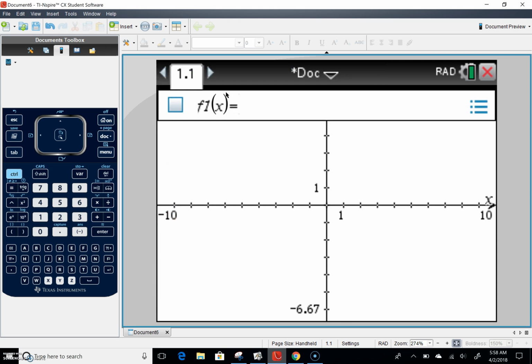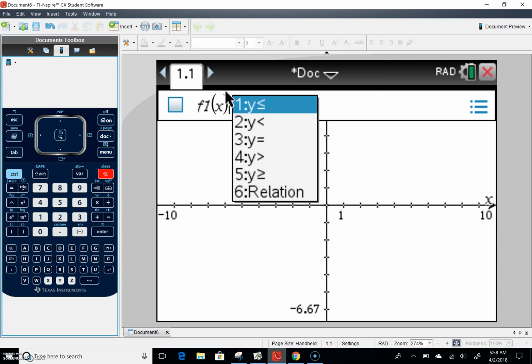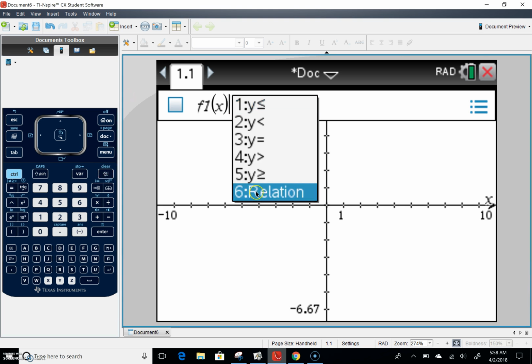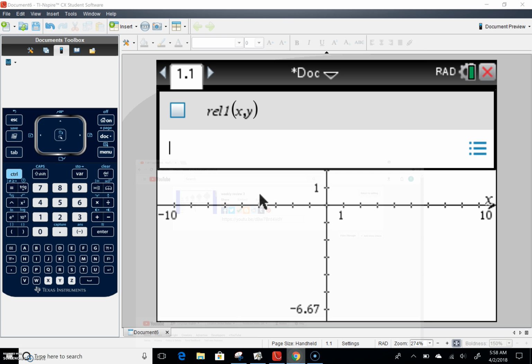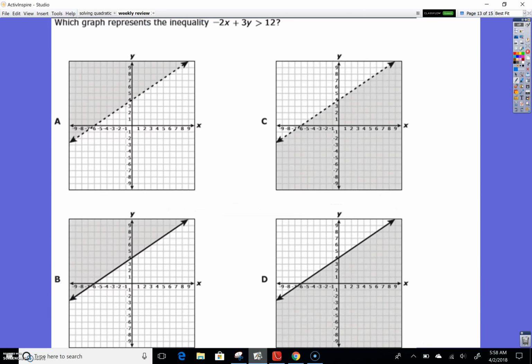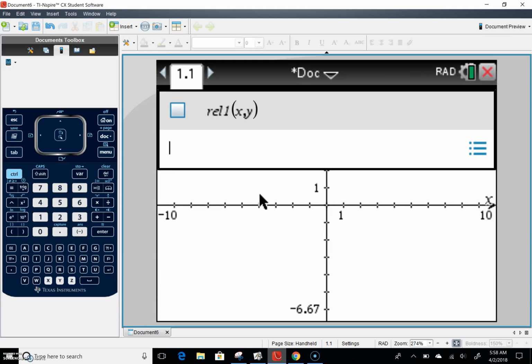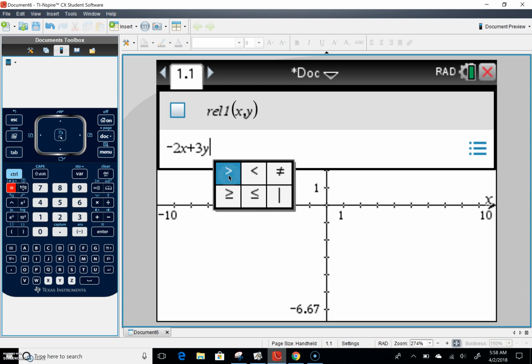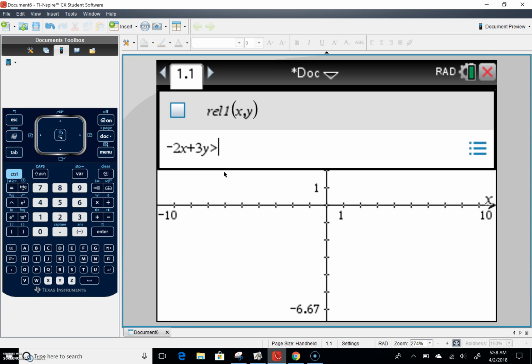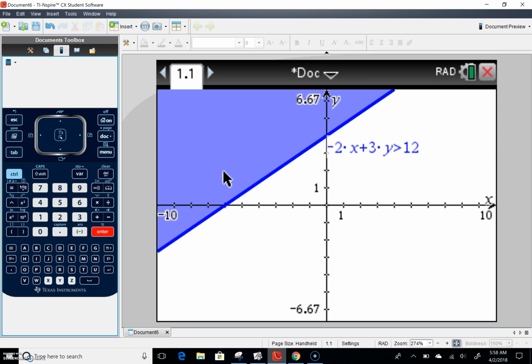This time when I press delete, I'm going to go down to relations. If you click relations, you can type it in any way you want. So negative 2x plus 3y is greater than 12. Enter.